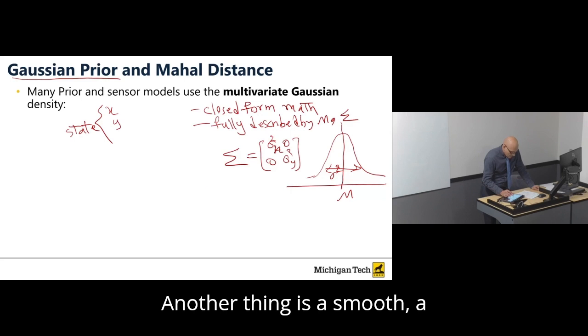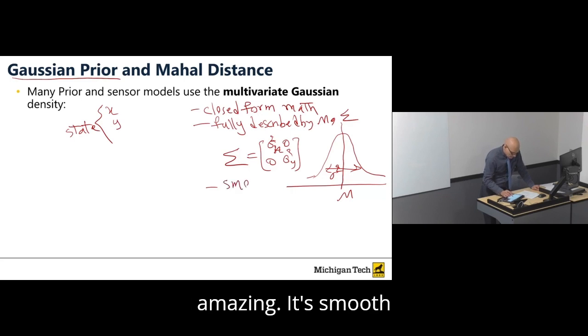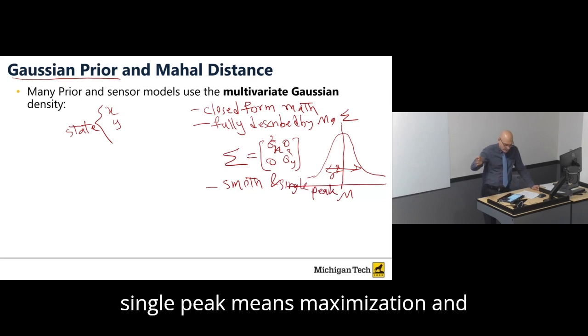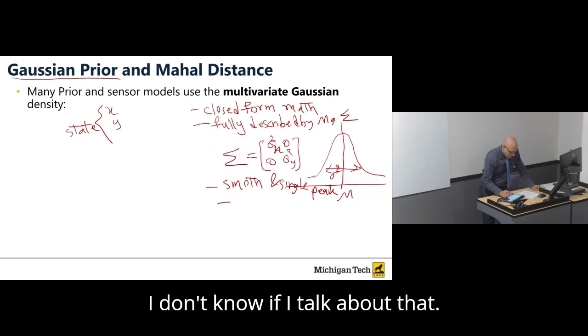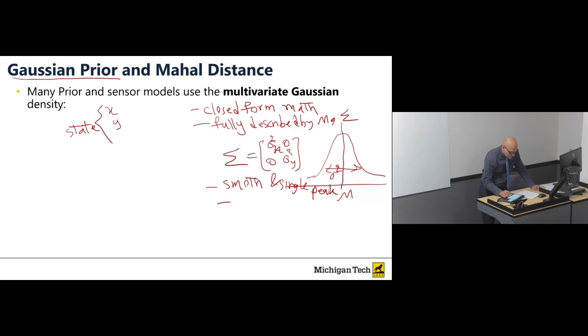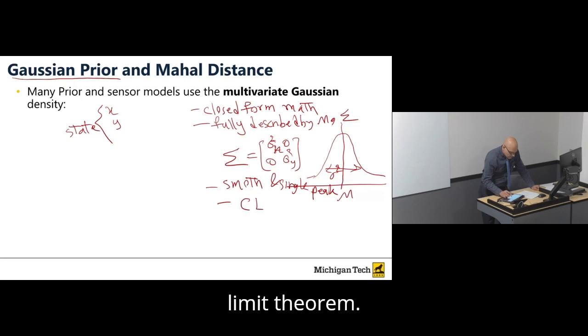Another thing is that it is smooth with a single peak. That's amazing. If it's a single peak, maximization and minimization are all easy. And another thing, I don't know if I talked about that: we have something called the central limit theorem.